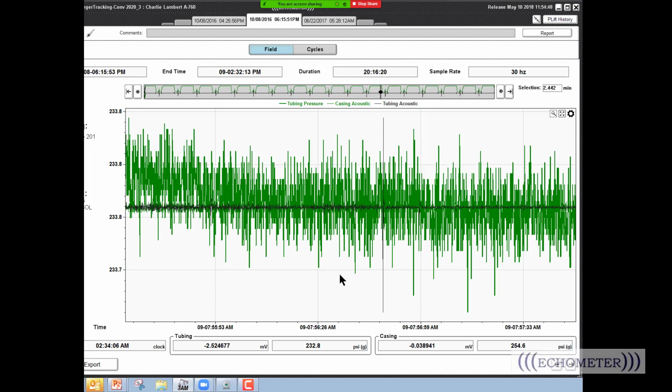Now, another company, AppSmith, has a CO2 technique where they inject a slug of CO2 and it goes down the casing with the gas lift gas, and any multi-point valve takes some of that CO2 and back up the tubing. So you can push your liquid level down the tubing with Echometer equipment and shoot dual shots and find leaky valves, but you can't do it while the well is producing.